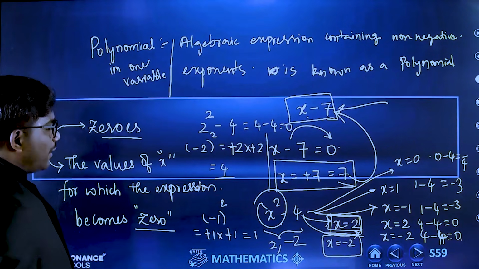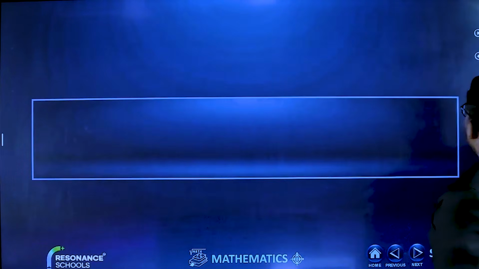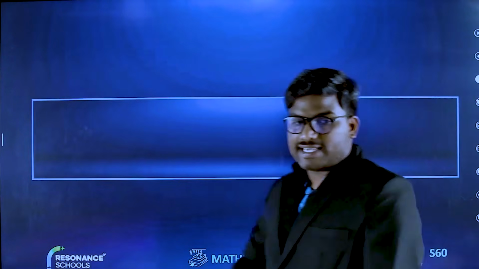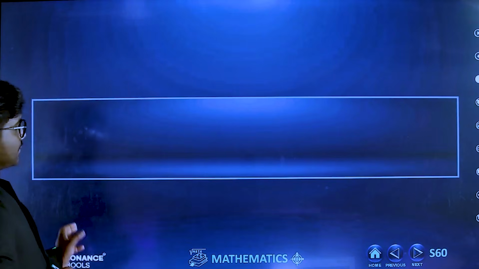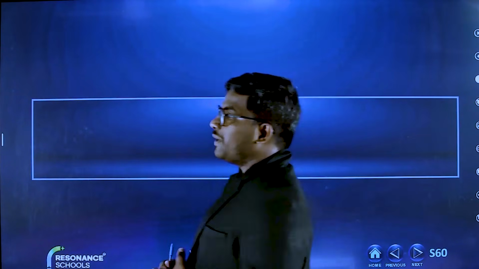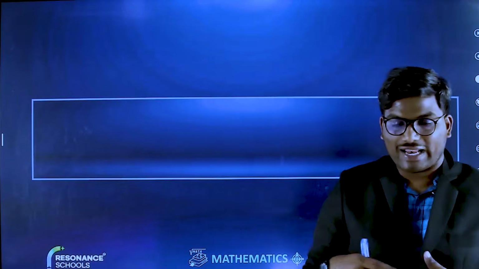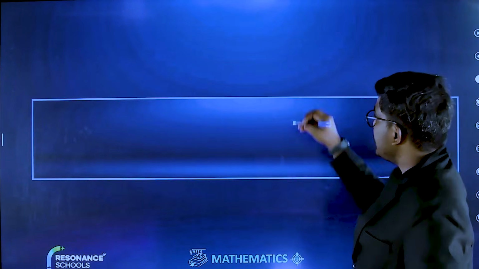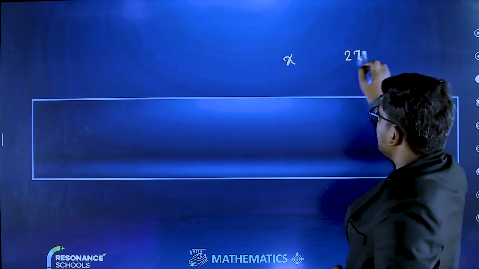Now we'll try to understand the basic division of algebraic expressions or basic division of polynomials. First we would do addition and subtraction of polynomials now. Always remember, when you add polynomials, we can add them on the basis of like terms or unlike terms. Say I have x and I have 2x, I can add it.